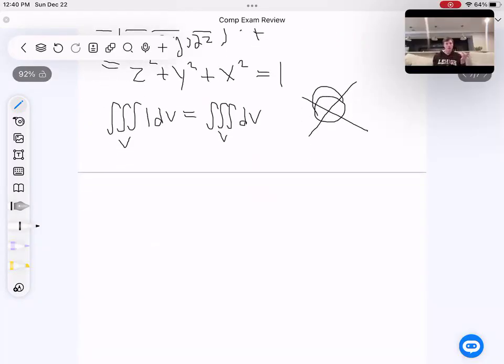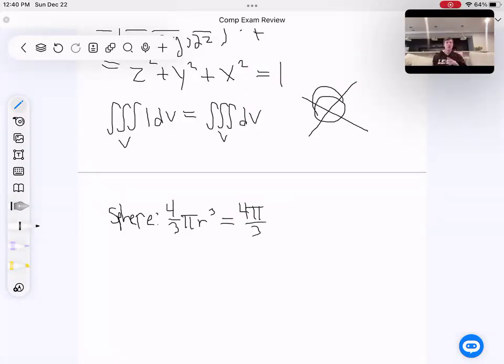Well, we actually know the volume formula for a sphere. For a full sphere, we know that the volume is given by 4/3 pi r cubed, where here r is just 1, because it's the unit sphere. So that's just going to give us 4 pi over 3. But this is a half sphere.